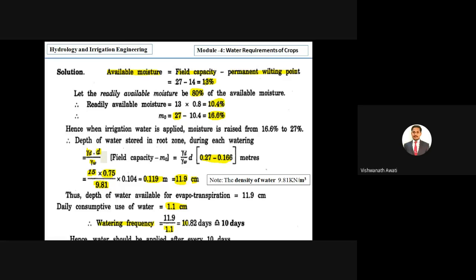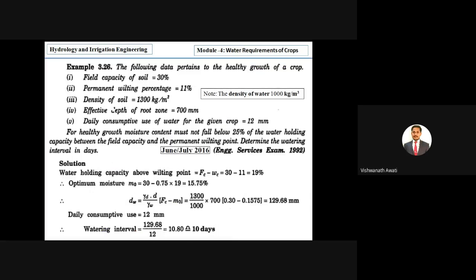So you will get 10.82 days, approximately 10 days. Hence the water should be applied after every 10 days interval. So we'll go for the next problem.